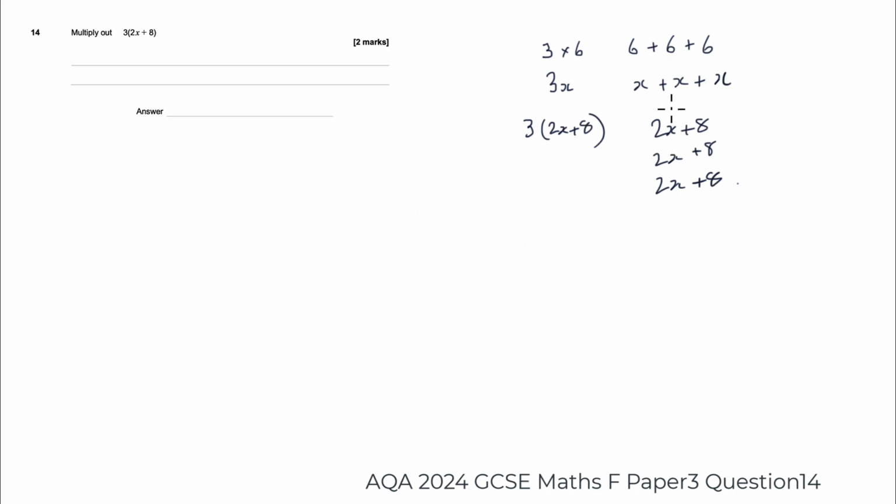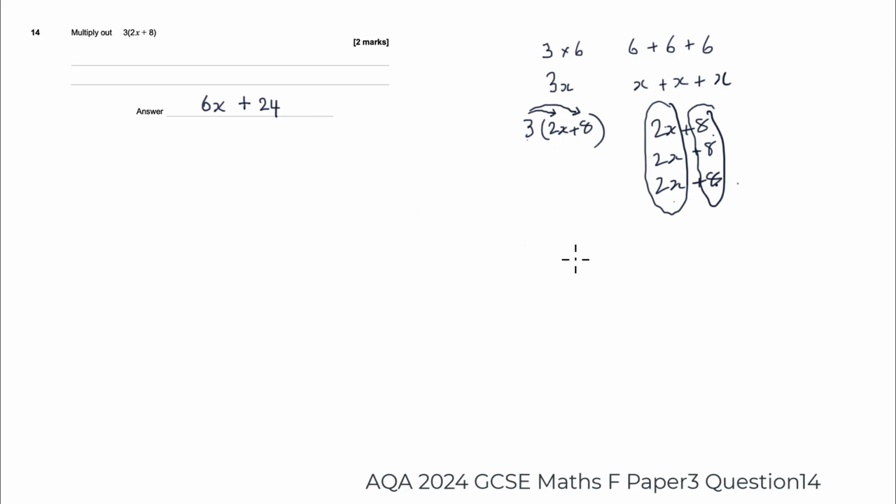Now you'll notice that there's 3 lots of 2x, and there's also 3 lots of 8. So not only the 2x gets multiplied by 3, but the 8 also gets multiplied by 3. So 3 lots of the 2x would be 6x, and 3 lots of the 8, 24.